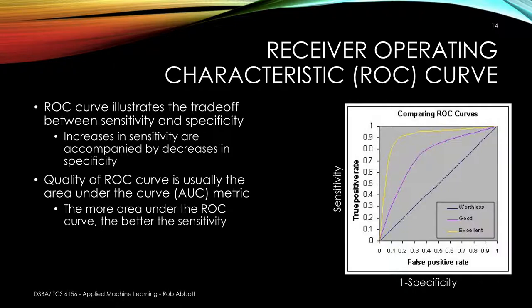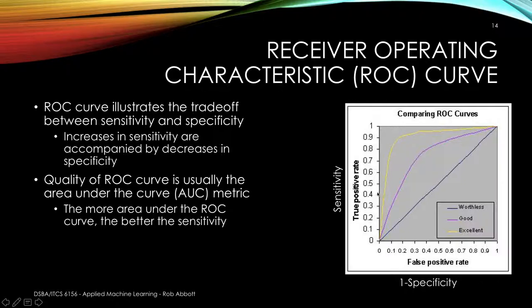So if we look at this curve here, we see something that's plotted on two different axes. The y-axis is the true positive rate. The x-axis is the false positive rate. So what is the rate at which the classifier identifies a false positive versus it identifying a true positive?